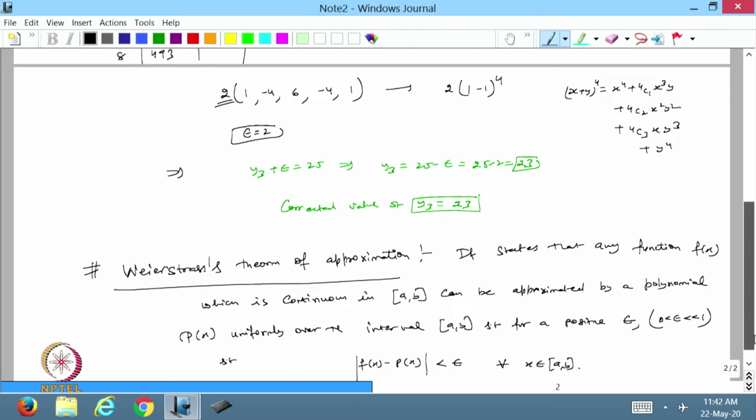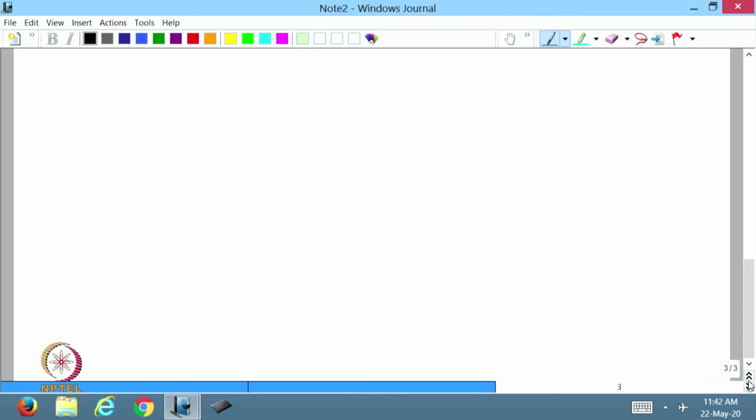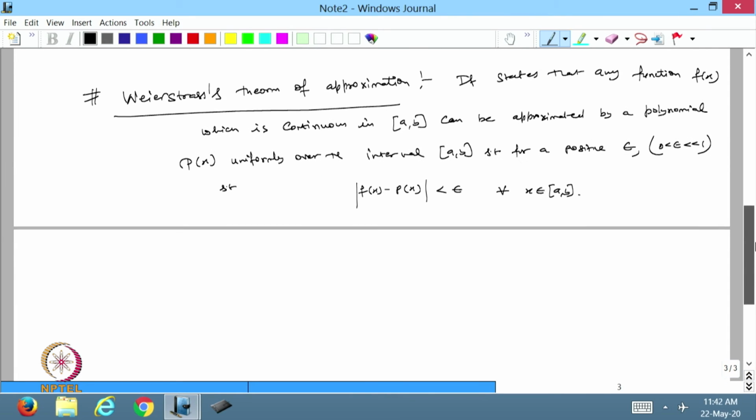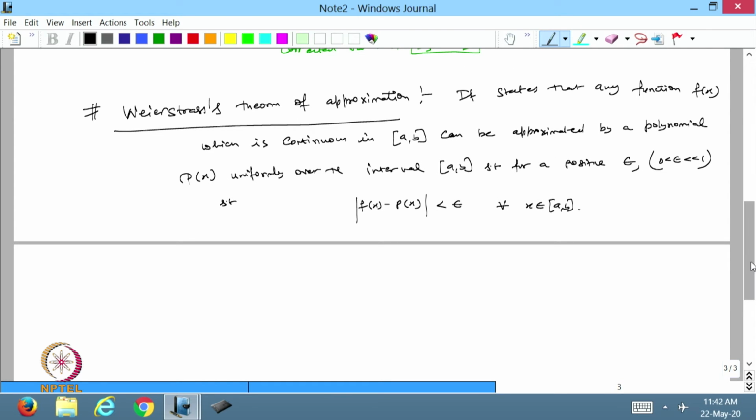So, in this case everything depends upon how small an epsilon I am taking. If I choose a very small epsilon, then the polynomial will be of higher degree, and then this difference can be made less than epsilon based on the value of the given epsilon. So, that is the Weierstrass theorem of approximation. Now, we will use this theorem later on.